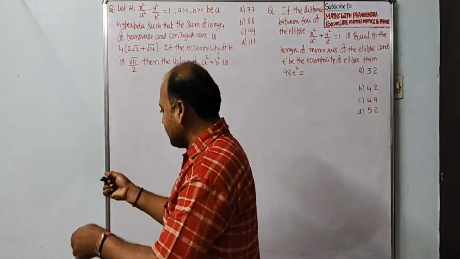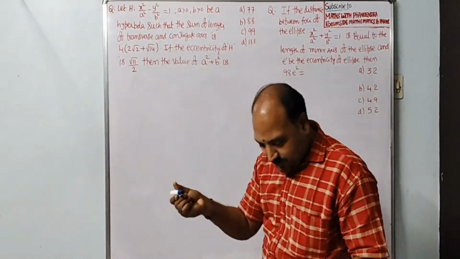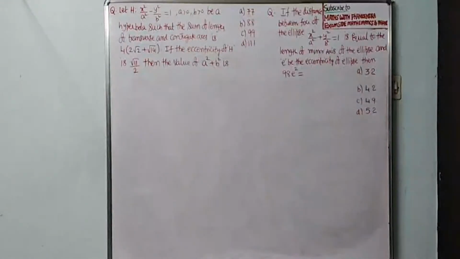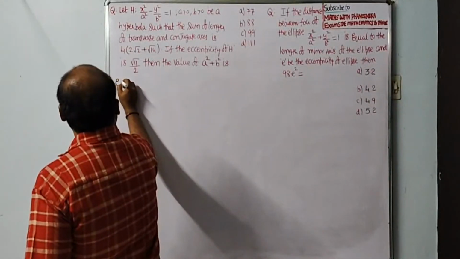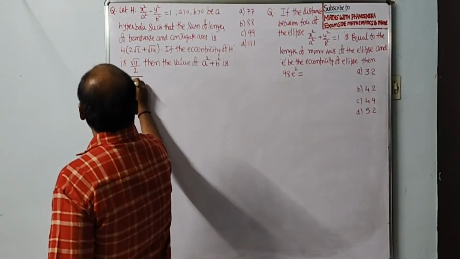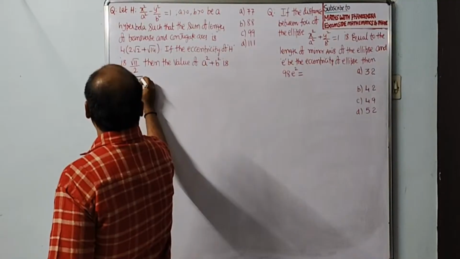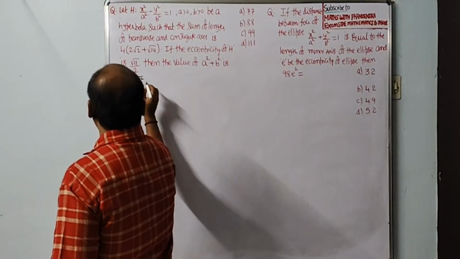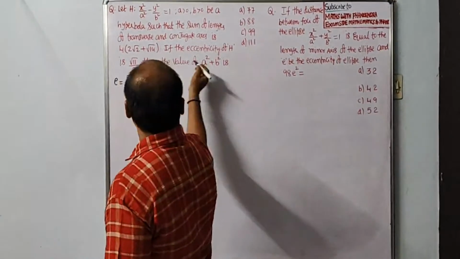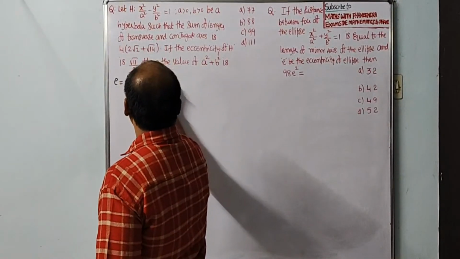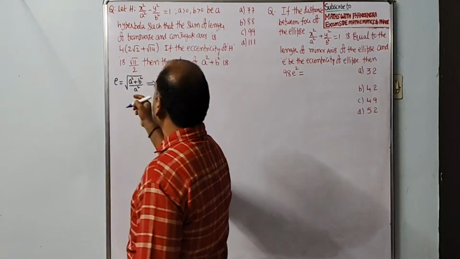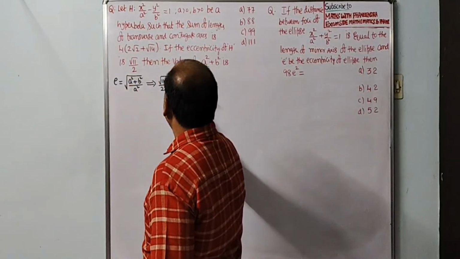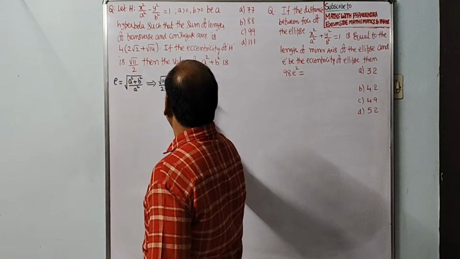What is the formula for the eccentricity of the hyperbola? e is equal to root over 1 plus b square by a square. So eccentricity is given now. Root 11 by 2 is equal to root over 1 plus b square by a square.